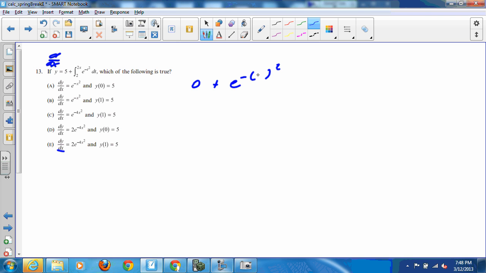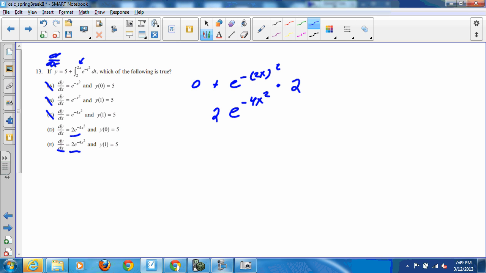So we're going to plug in our 2x. But since we don't just have an x here, we have to use the chain rule. So what's the derivative of 2x? Just simply 2. And if you square 2x, the minus stays there, minus 4x squared. We can put the 2 out in front. So it looks like only the last two are possible answer choices. So we've got it down to 50-50.